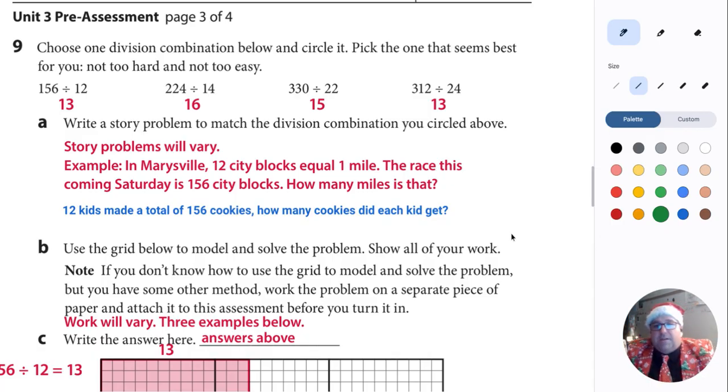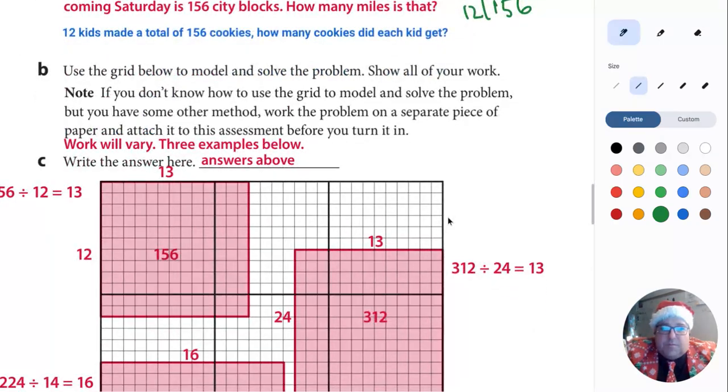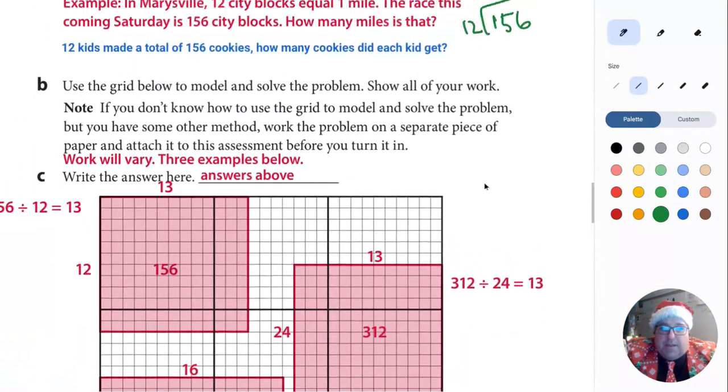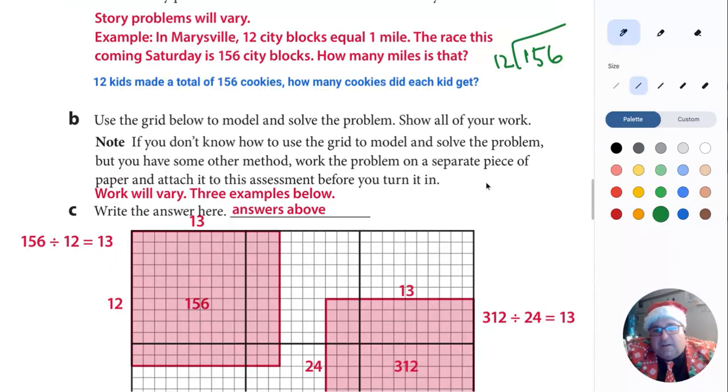But either way, if we take that first example, we just need to do 156 divided by 12. Now, down here, they give you the grid paper, if you want to use the area model we've talked about, where we know we're dividing by 12.